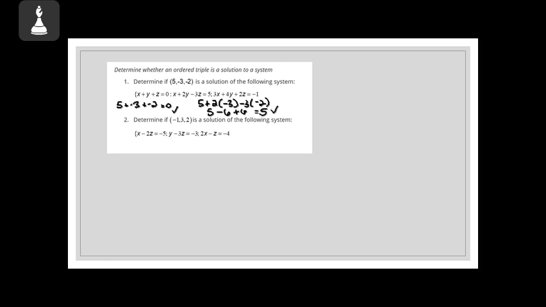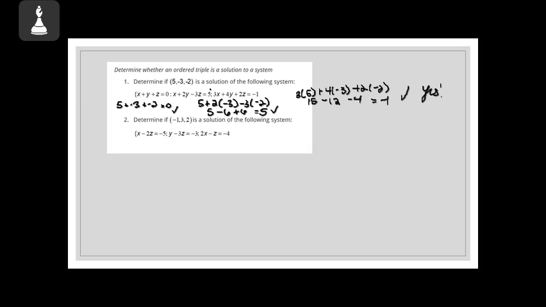Yep, so that one works. And our last one, 3 times 5 plus 4 times -3 plus 2 times -2. So we've got 15 minus 12 and then minus 4. 3 minus 4 is -1. So yes, this works for all three. So yes, this is a solution.